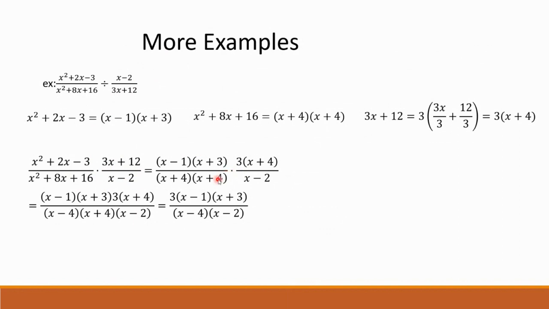I know it looks like it's out of order, but in the long run, it doesn't matter that much. You can just factor top and bottom and then multiply, or you can multiply first, then factor. And when you do so, this is what we get.